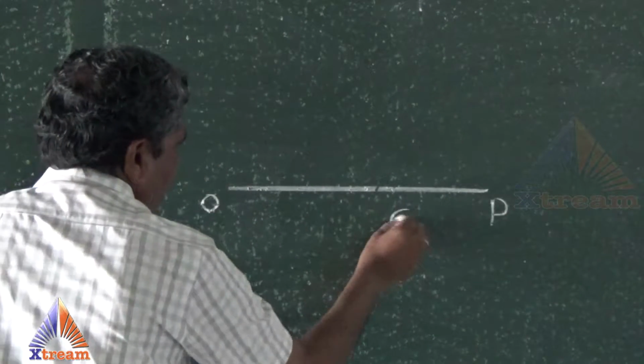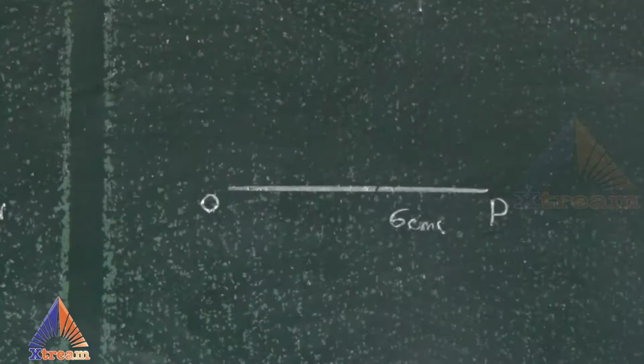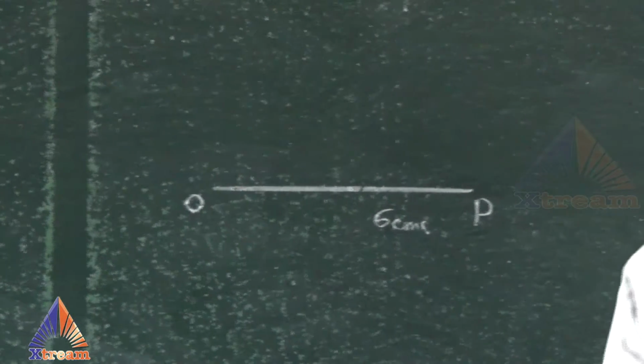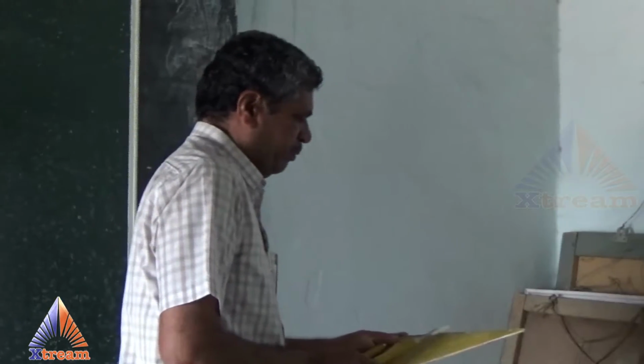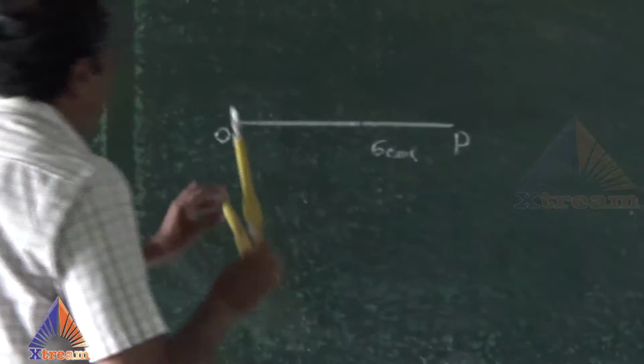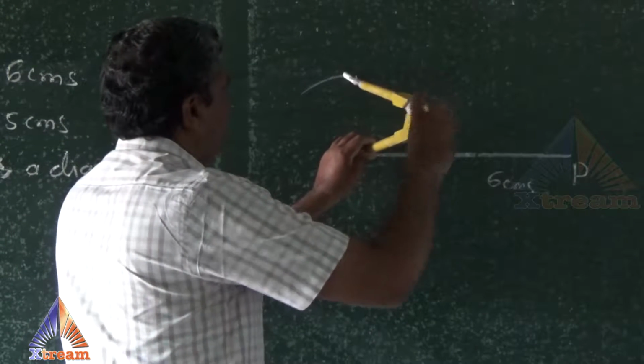This is 6 centimeter. Then take the radius of the circle as 2.5 centimeter. With O as the center, draw the circle.